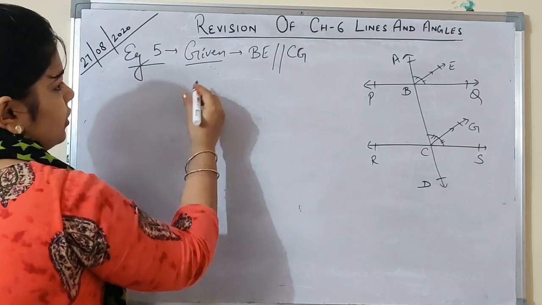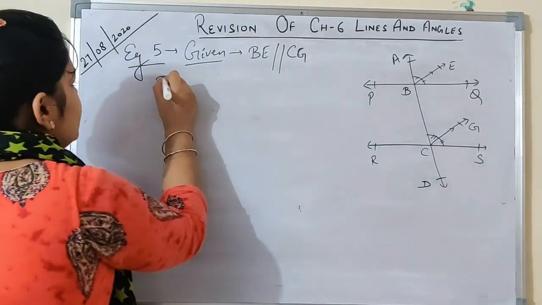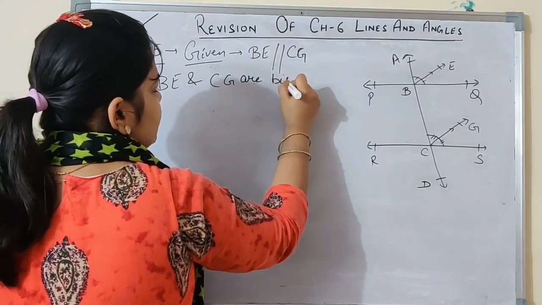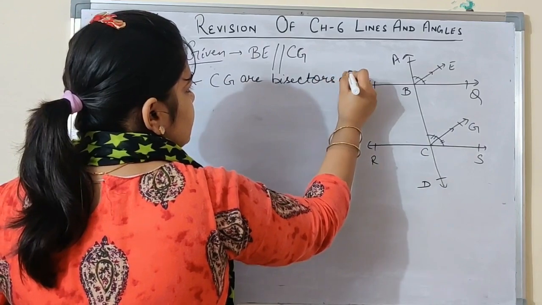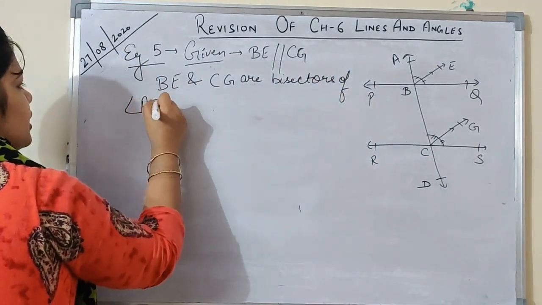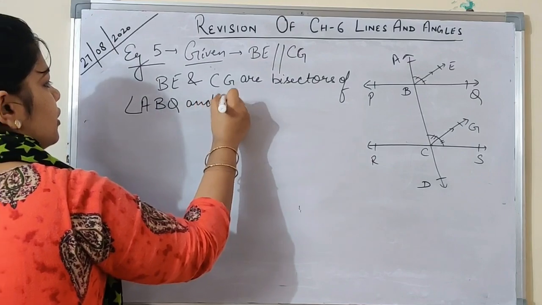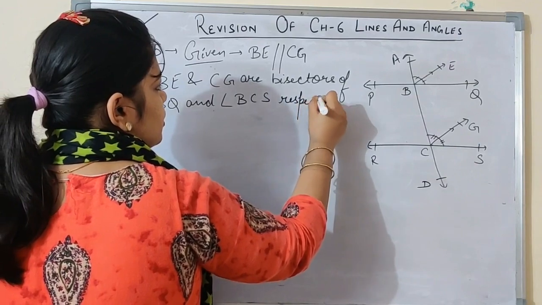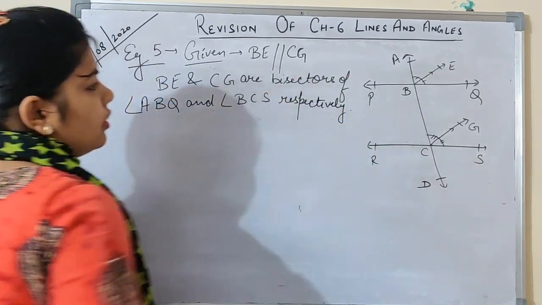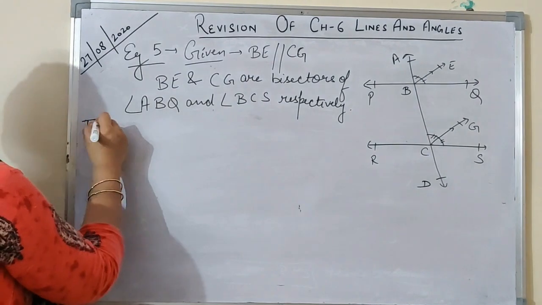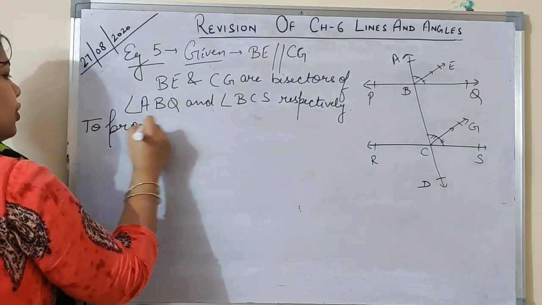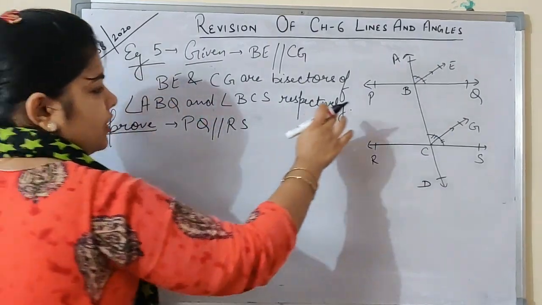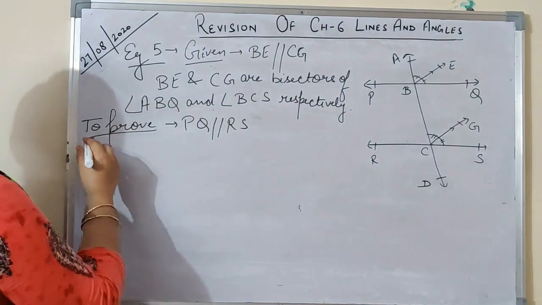After that, I am writing that BE and CG are bisectors of angle ABQ and angle BCS respectively. After that, what we have to prove? Now what we have to prove is that PQ is parallel to RS.